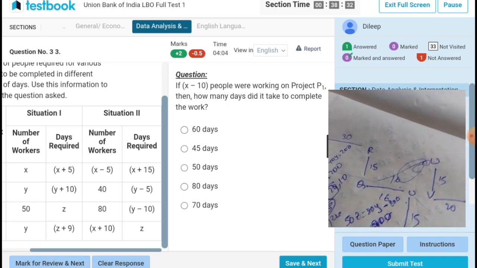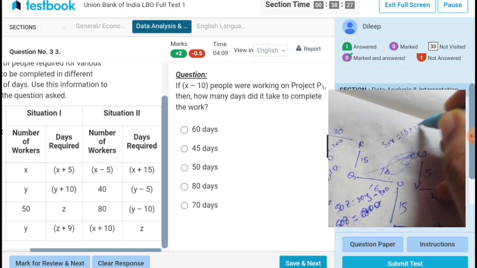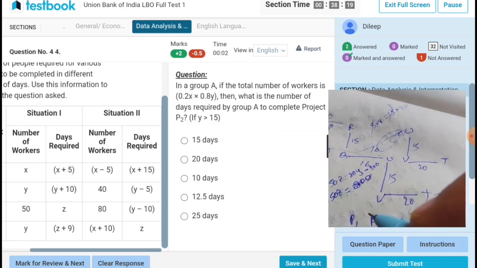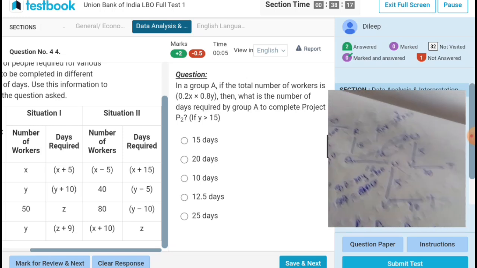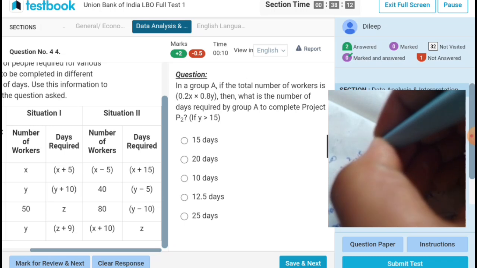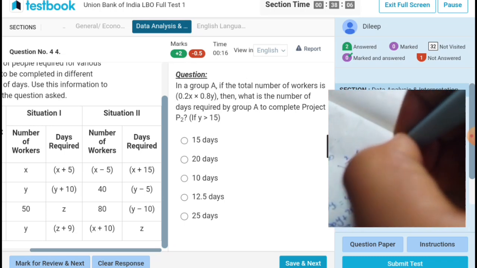So x minus 10 people, that is 5 into x is 60 days. If a group A, the total number of workers 2 by 10 of 15, 8 by 10 of 20, 48.